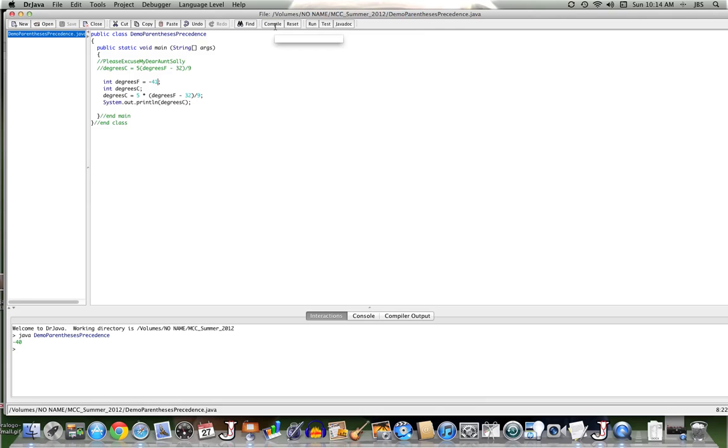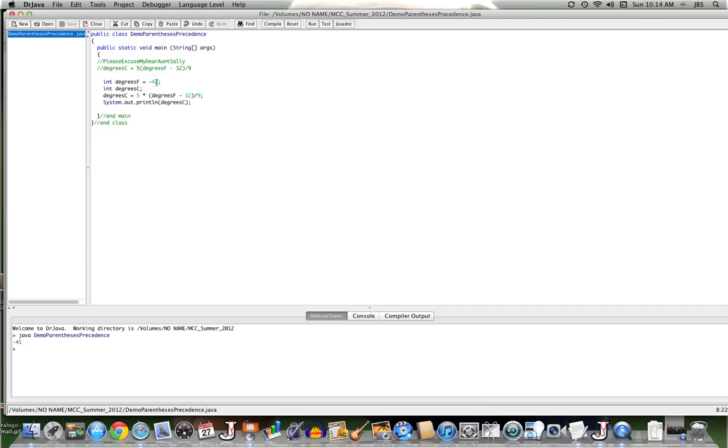Well, let me do another little test then. Let me see what's the value in Fahrenheit negative 42. What's the corresponding value in Celsius? So let's compile that. And then let's run it. And I get 41. So negative 40 maps to negative 40. Negative 42 maps to negative 41. But negative 41 doesn't seem to map to anything.